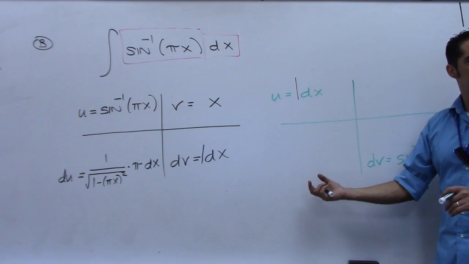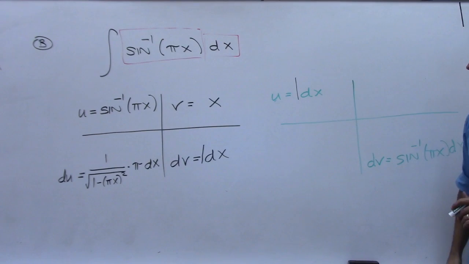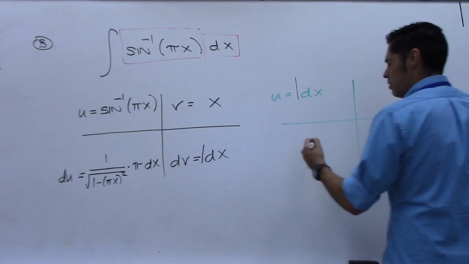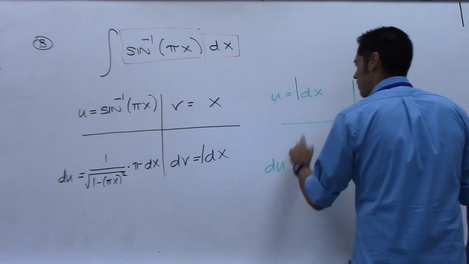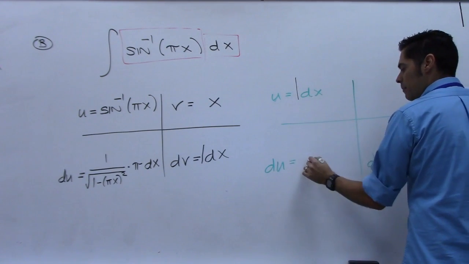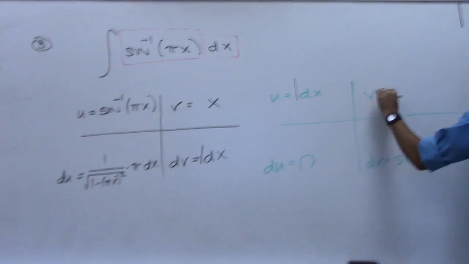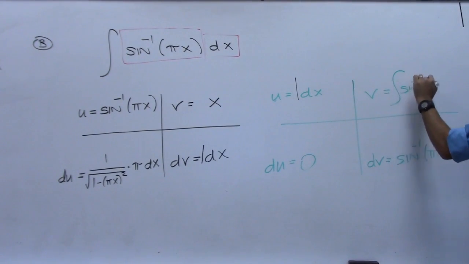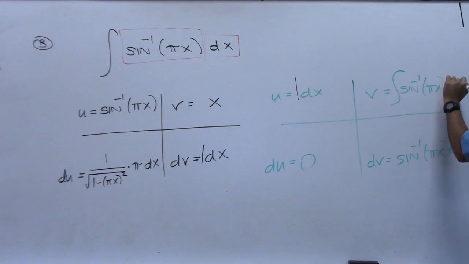Look, this is so ridiculous. I don't think I've ever shown students this before, but if this is 1, the derivative of 1 is what? 0, and then v right here. Well, I don't know what it is. I have to wave my hands at it. Isn't it this integral? And I'm telling you, I have no idea how to do that. Like, I need to integrate this, but I don't know what that is.